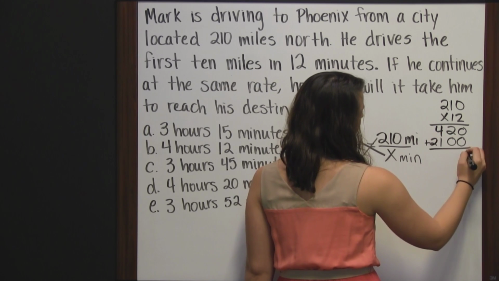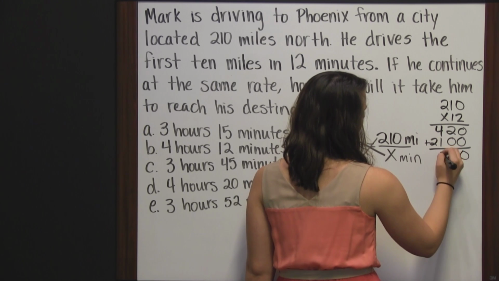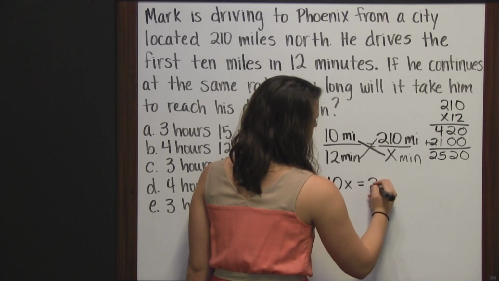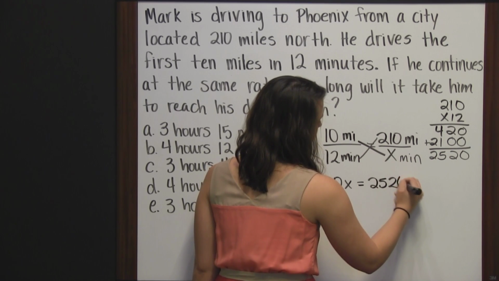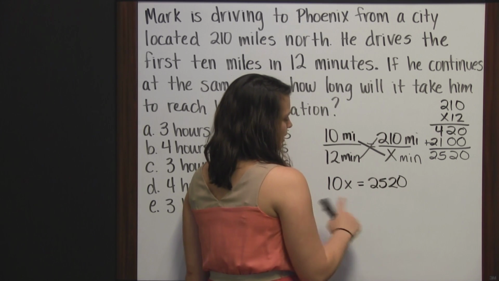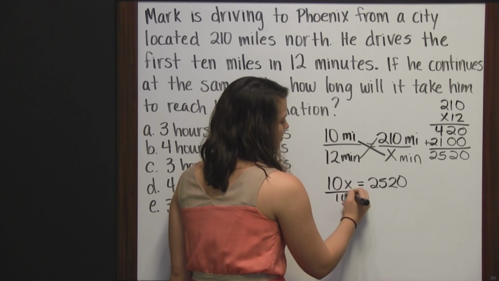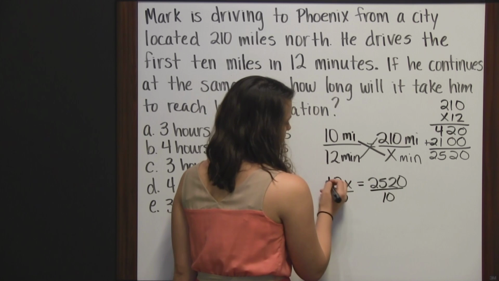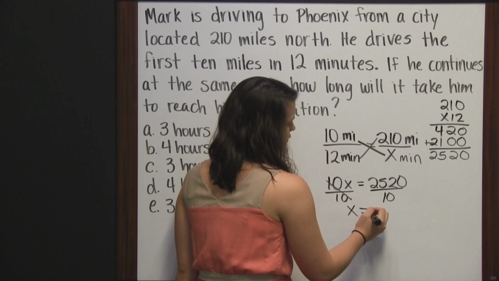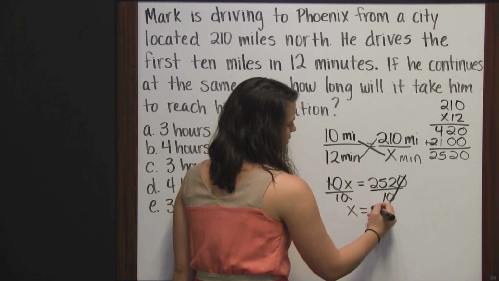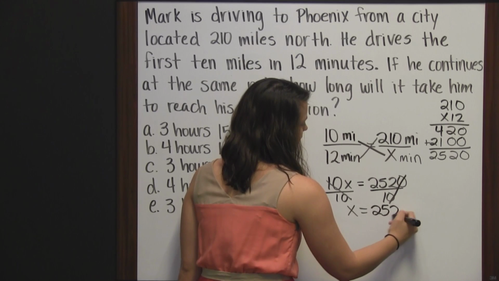And we add these together. 0, 2, 5, 2. So 2,520. And then to solve for x, we need to divide both sides by 10. So x equals, you can just cancel a 0 here, 252.